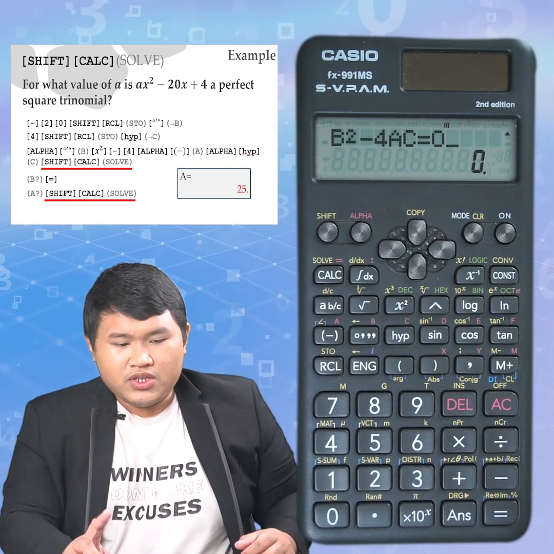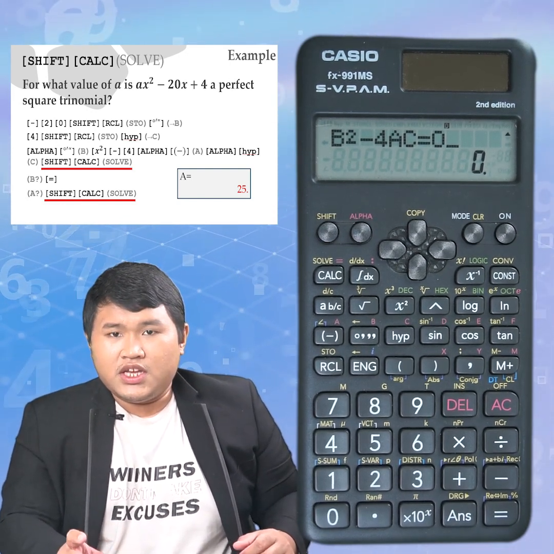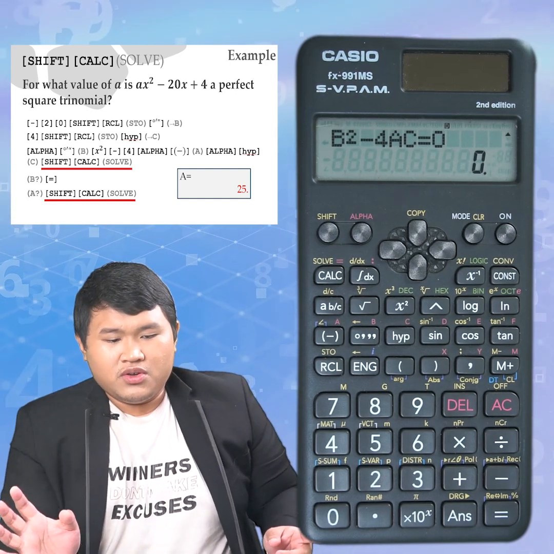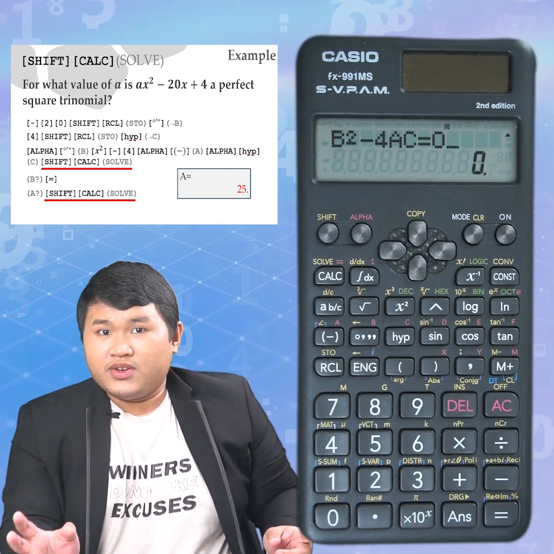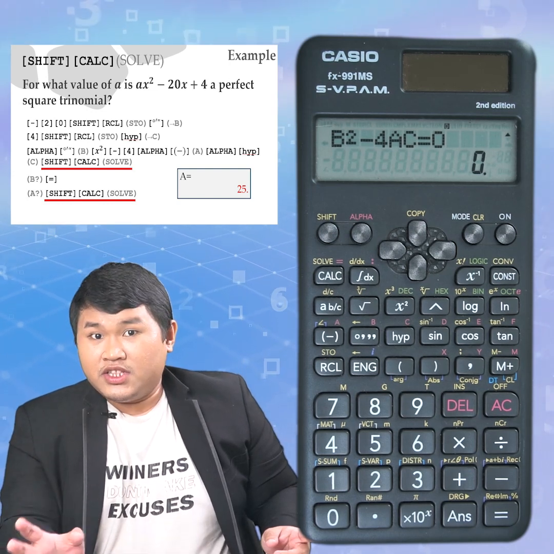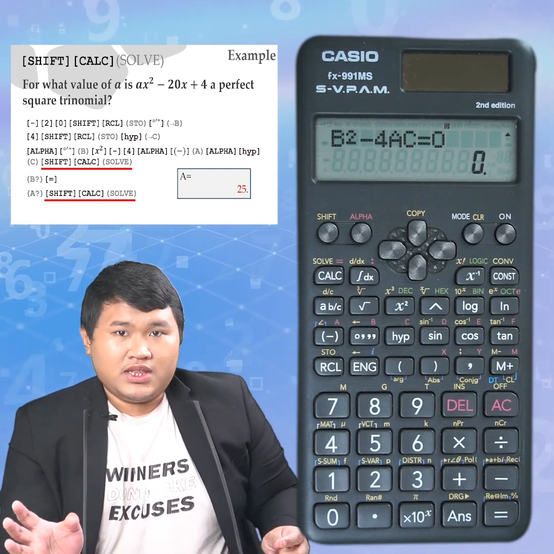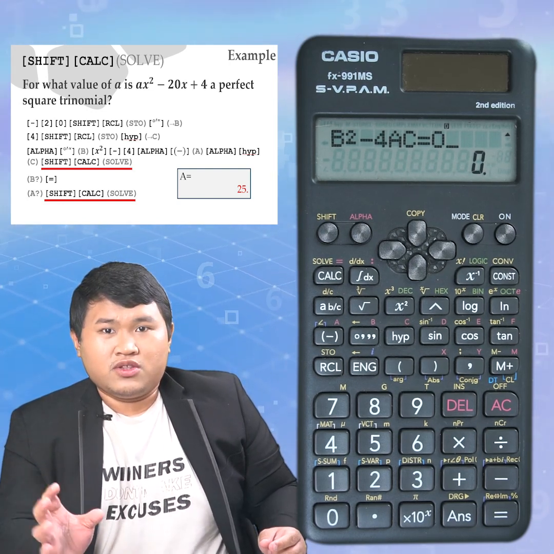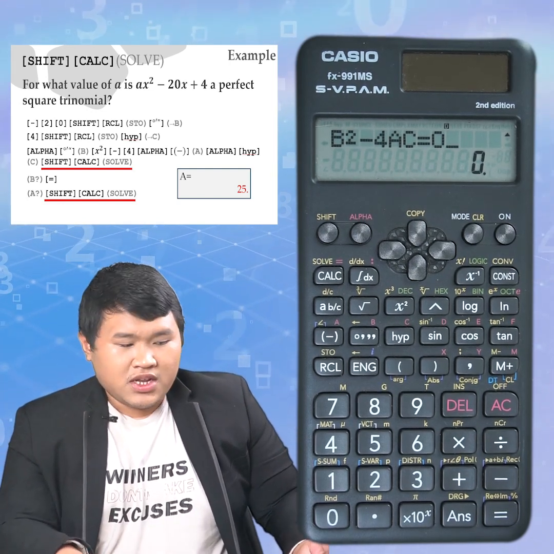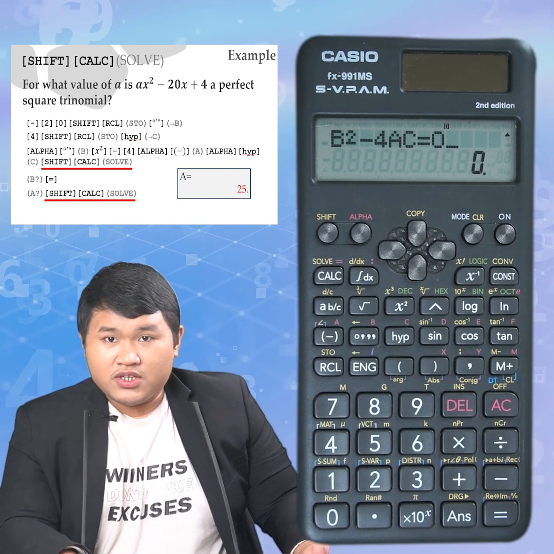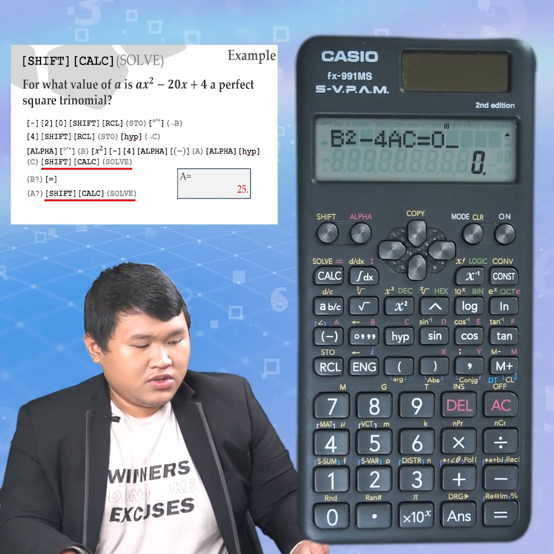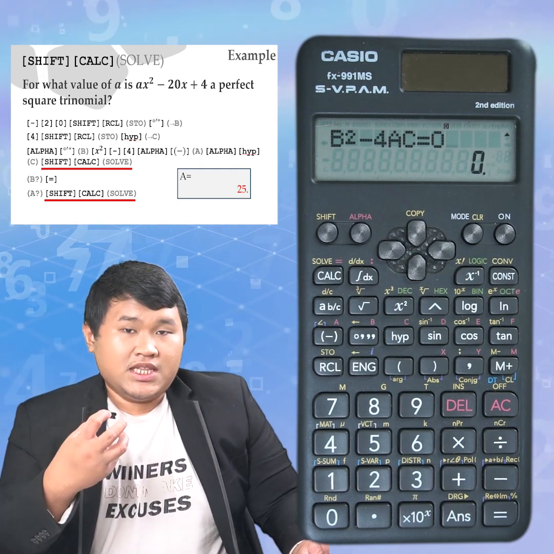Sir, there is no equals 0 on the screen, but in your input there is. Please watch the previous video about tips for faster calculation, because it is stated there that you can remove the equals 0, and it's automatically recognized by the calculator. But for the purposes of this video, I explicitly included equals 0 so that we know it is an equation.